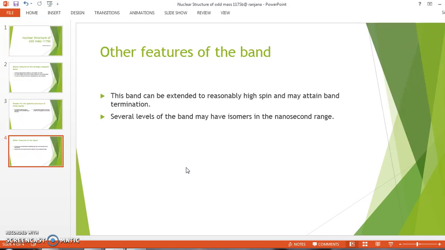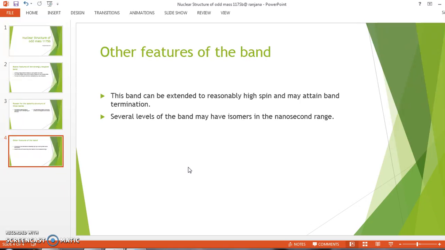Band termination means that at that particular spin value the band gets terminated, and it has been observed that many of the levels within the band have quite a high value of lifetime, of the order of a few nanoseconds.